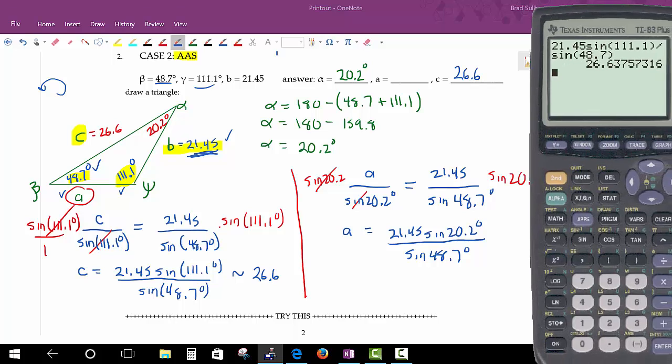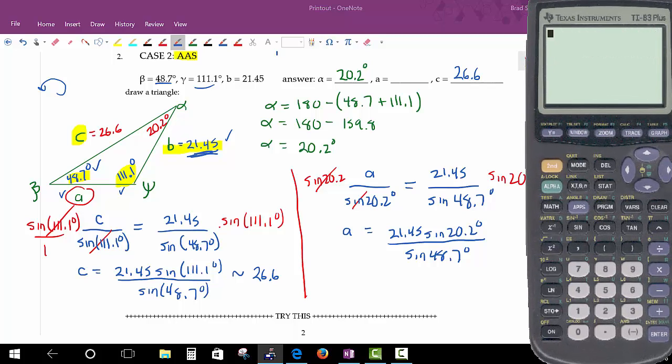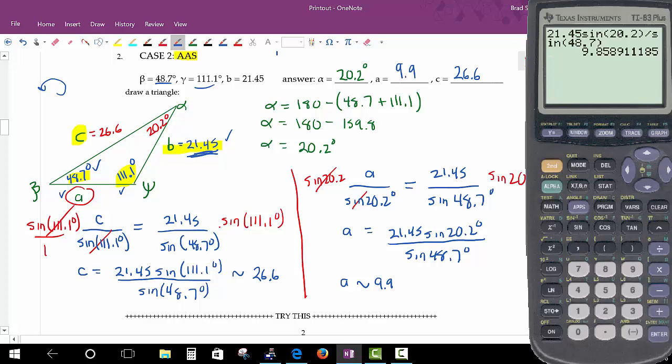Go to my calculator: 21.45 sine 20.2 divide by sine 48.7. Round that off to one decimal place. So we'll have A is about 9.9. All right, and that should finish up the problem.